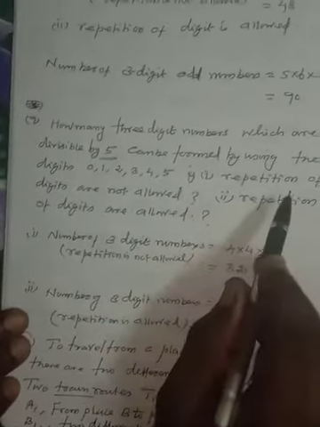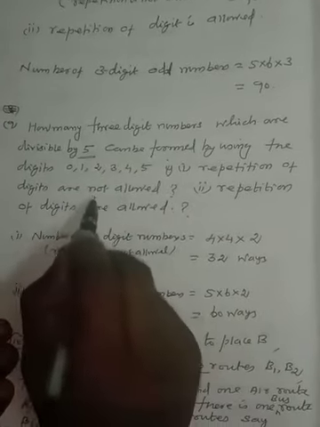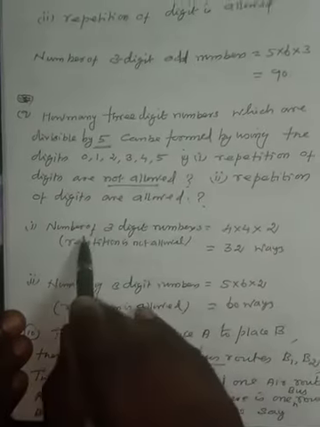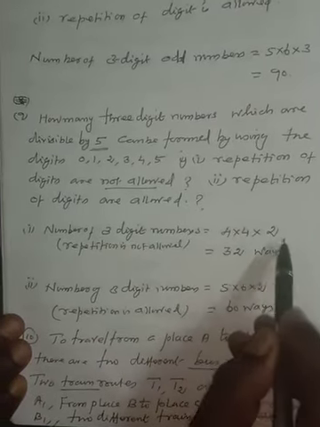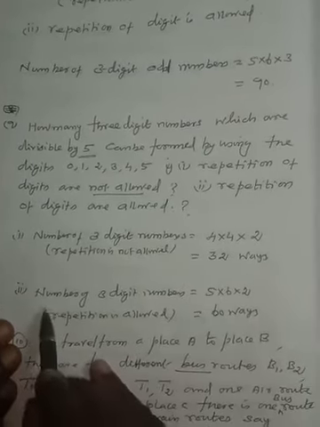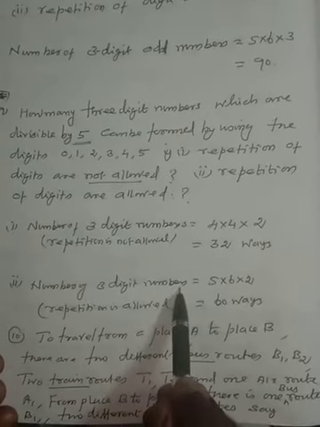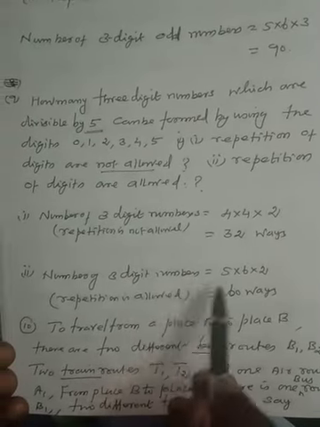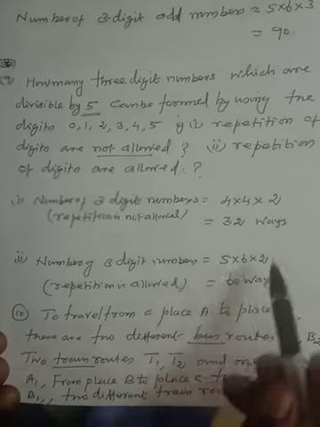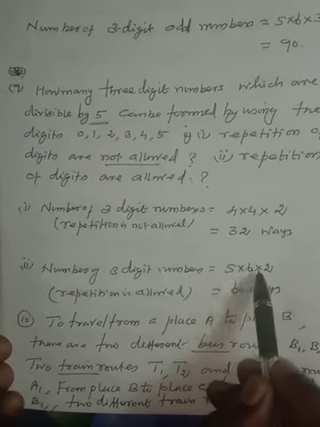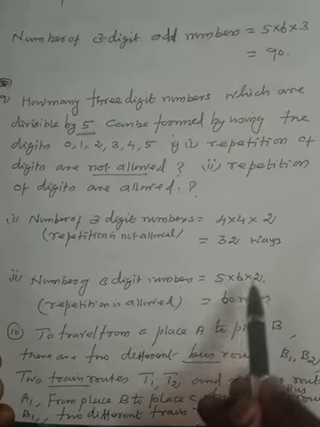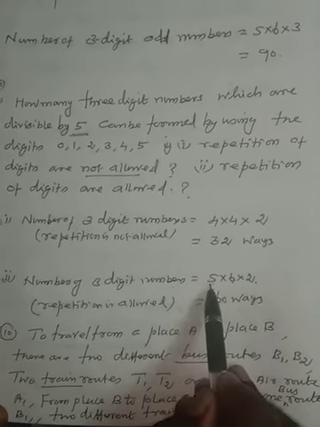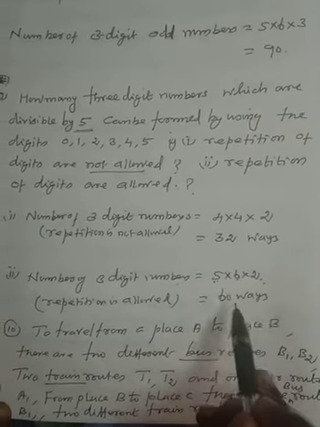First question, repetition not allowed: 4 into 4 into 2, 32. Repetition allowed: 6 minus 1 is 5, into first is 3, so 2. Therefore 6 into 5 is 30. 32 plus 30 is 60, the answer.